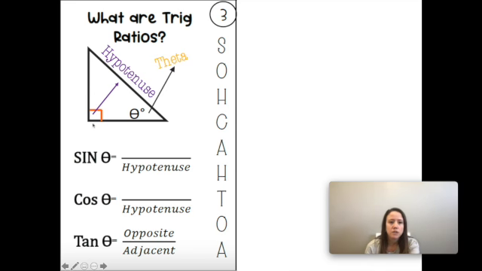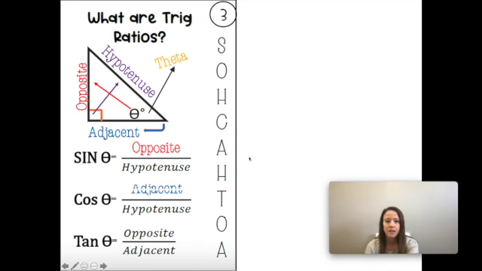The hypotenuse is always straight across from the right angle, therefore making it the largest side. Opposite is opposite of the angle, and adjacent is the one that is right next to the angle that is not the hypotenuse. And so for our little trig memory trick, we use sine as opposite over hypotenuse, cosine is adjacent over hypotenuse, and then tangent is opposite over adjacent.